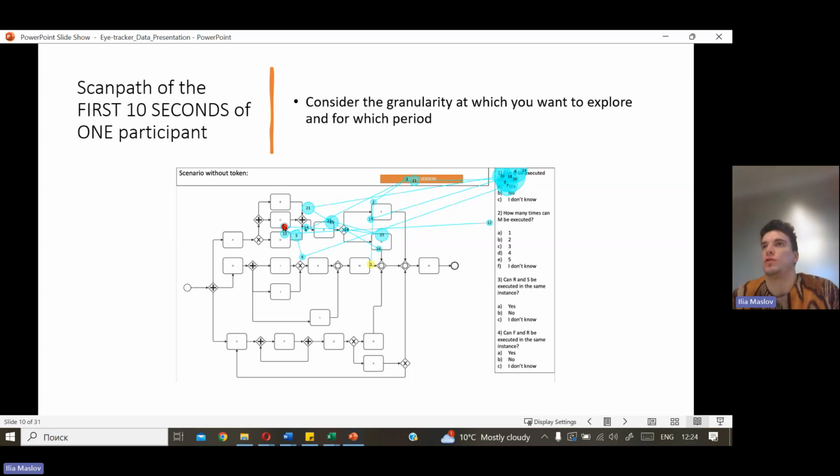By the way, for the accuracy of the eye, I'm not showing this in this presentation, but there is a validation, where essentially you have to look at 4 dots. Then you can see how far away the actual eye gaze is from the dot the participant should be looking at. For example, I say that the participant has to look here, and then you see the eye gaze is visualized in this area.